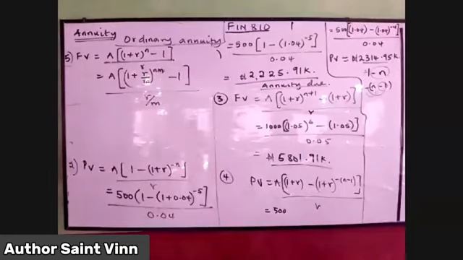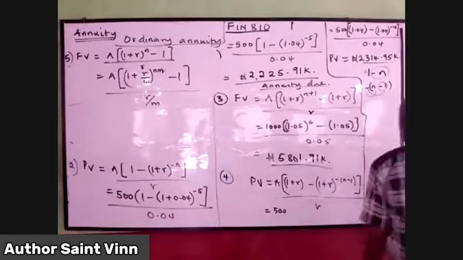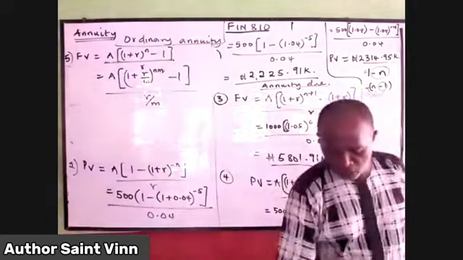Assuming they paid monthly, it's going to be compounded monthly. Assuming they pay quarterly, it will be compounded quarterly. But if it is yearly, dividing by 1 will not make any difference.